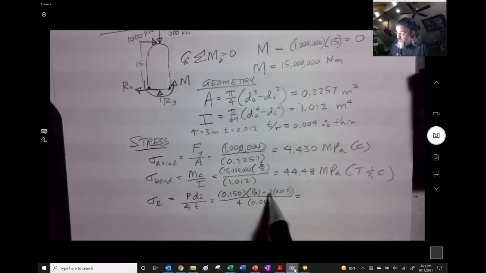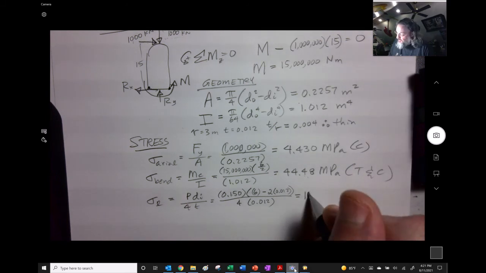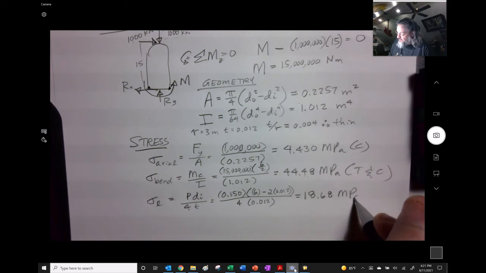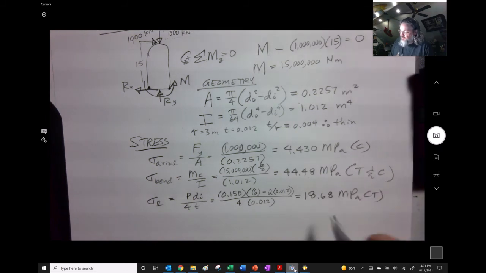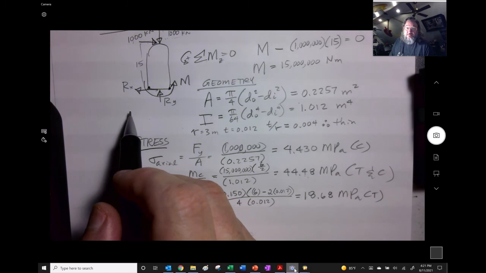So this is 5.976 times 0.15, divided by 4 and divided by 0.012, divided again, and I get 18.68 megapascals, and that's going to be in tension, because that's that thing trying to rip the thing up, right?